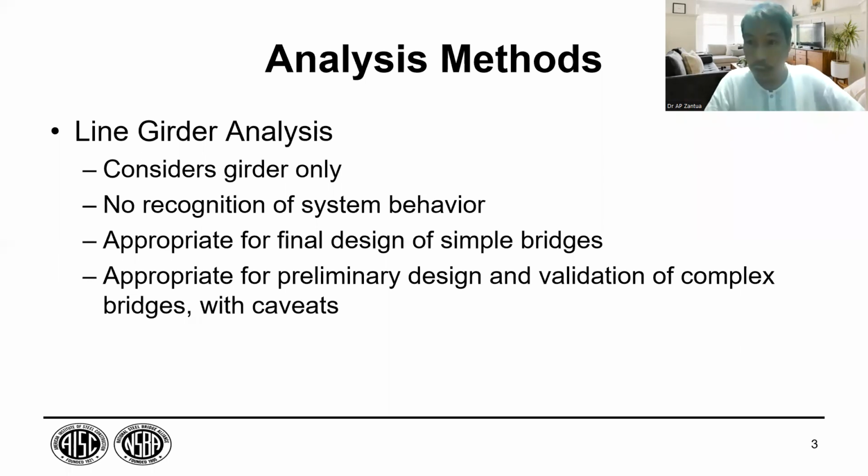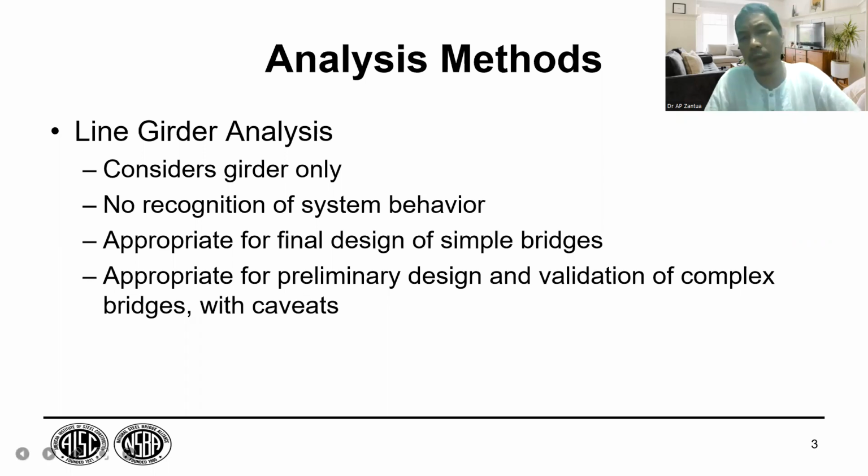So using your theory of structures, you can analyze the bridge as a single dimension, 1D. Okay, no recognition of system behavior, appropriate for final design of simple bridges, appropriate for preliminary design and validation of complex bridges with caveats. Okay, so meaning caution and warning. So with proper caution.